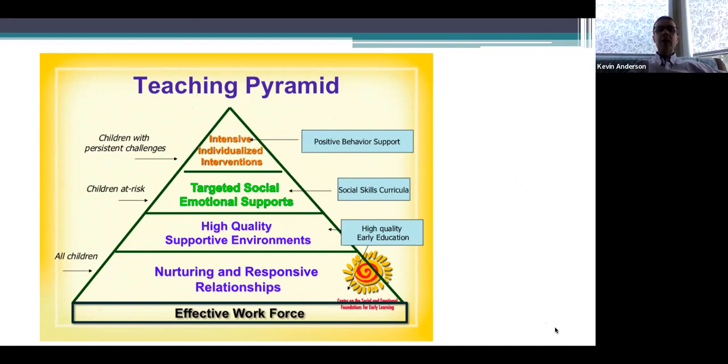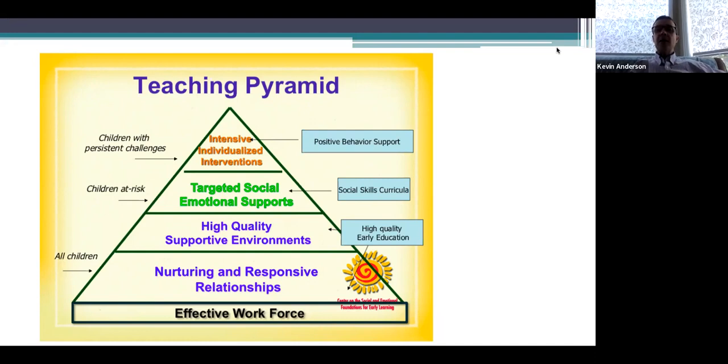The reason we use a pyramid is that the base of the pyramid is all of those things we put into place that create the kind of atmosphere where children want to be and are able to learn.